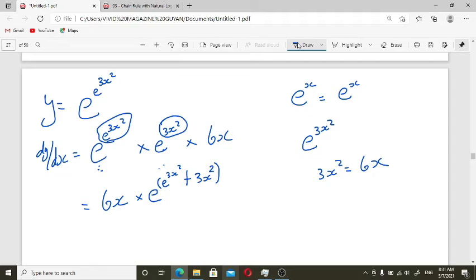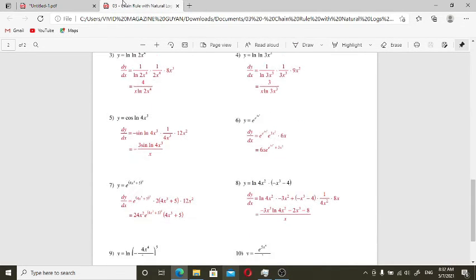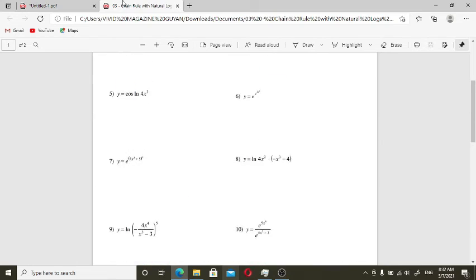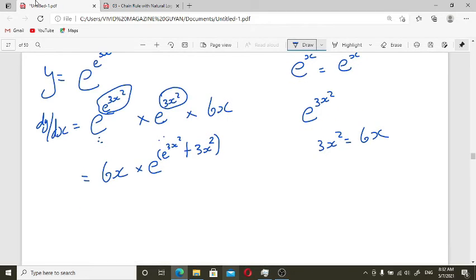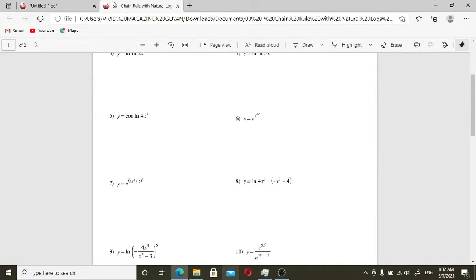Alright, I honestly didn't check this one, let me just take a little peep at number 6. Yep, that's it. That is it. 6x times e to the, well, I put in bracket for my own personal reasons, like I always say, because sometimes it's good to actually understand exactly what you just wrote down. Alright, I think the next one is supposed to be similar to that one. Yeah. So you have e raised to that power there.